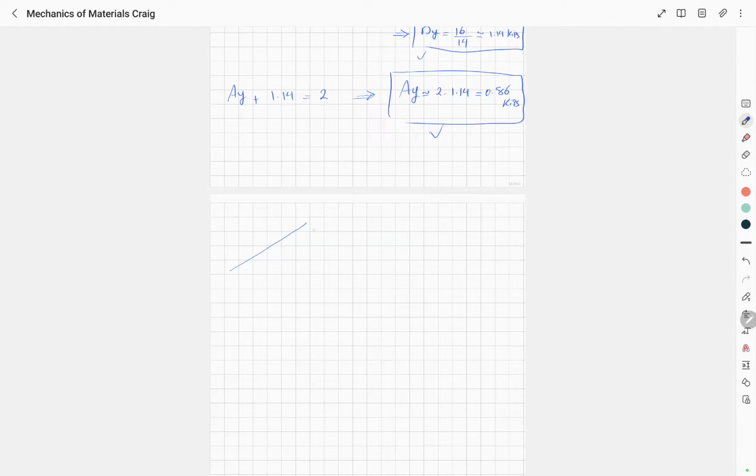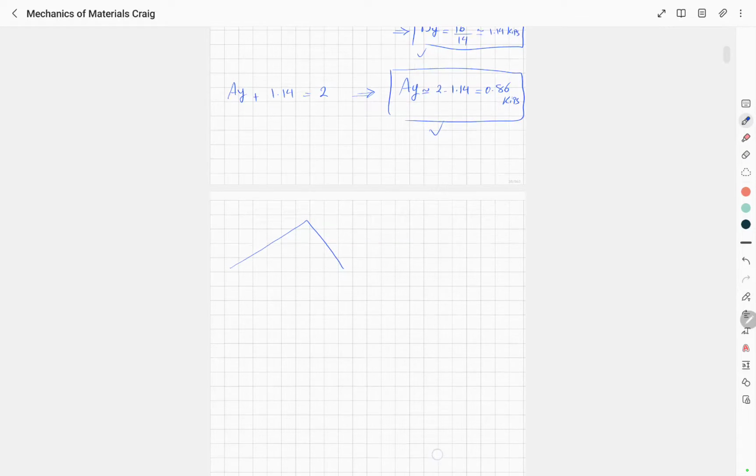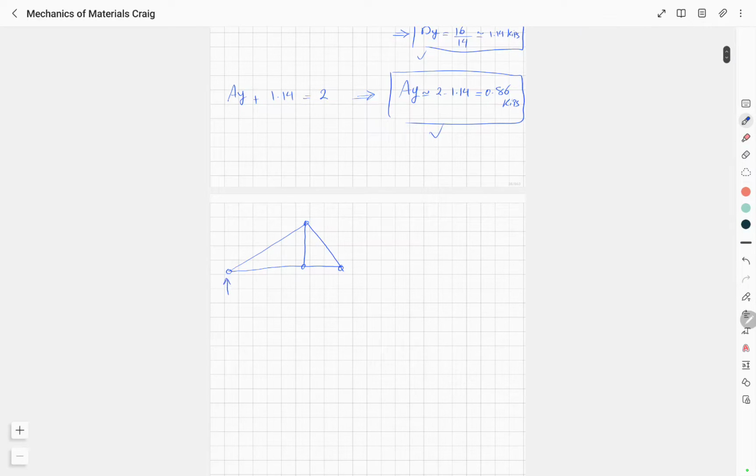So this is our truss. This was 0.86. This was 1/14, and this was 2.